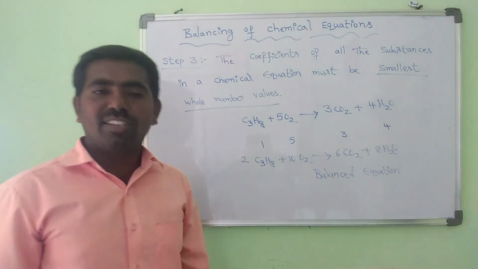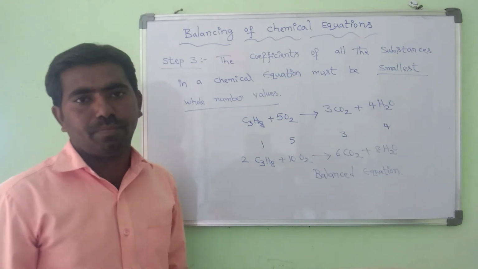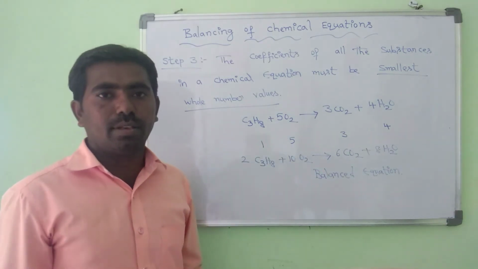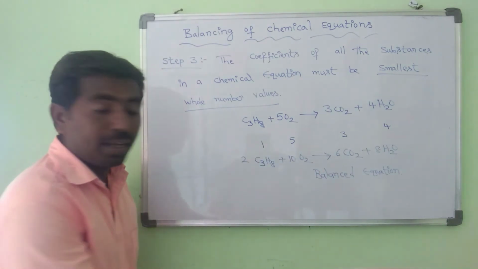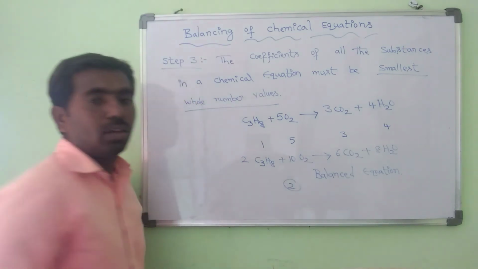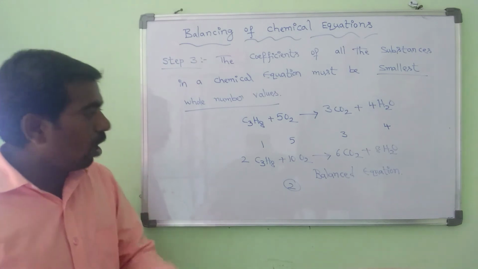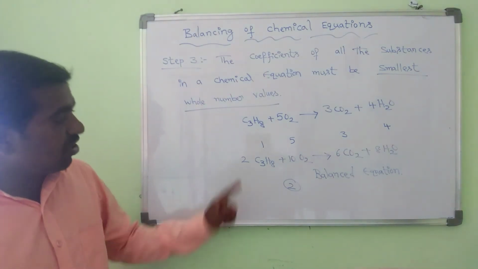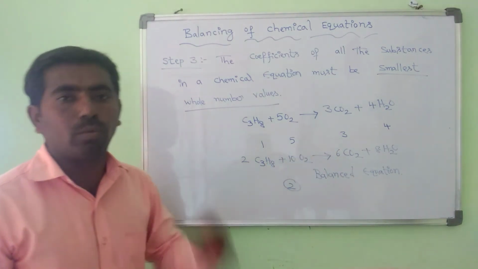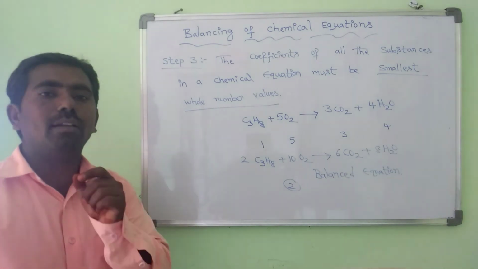It is necessary to divide all the coefficients in this equation by 2 to reach the final equation. Now I am dividing each and every coefficient by 2 to get the final equation.